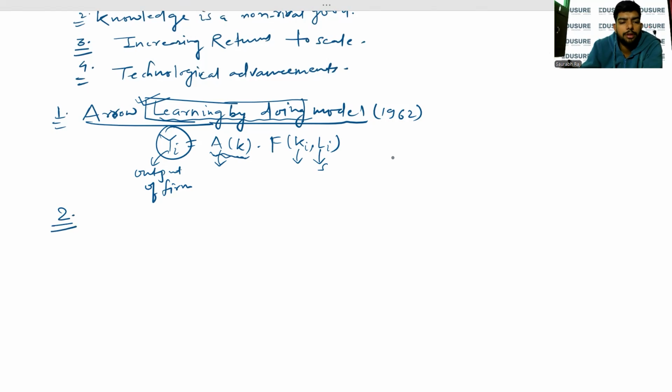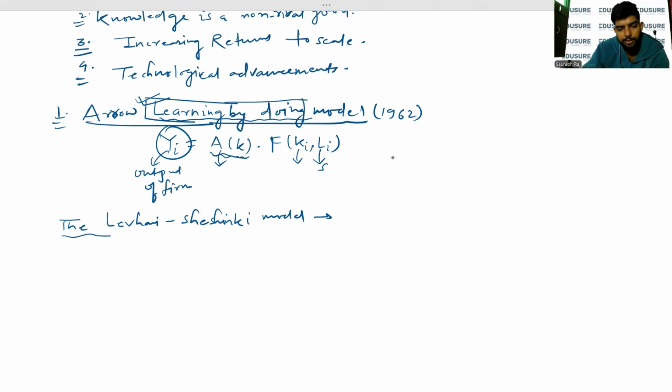Then we have the second one, but before discussing Romer and Lucas, I will give you some other models similar to Arrow. The first one is the Levhari-Sheshinski model. These are all endogenous growth theories. They generalized and extended the Arrow model, and emphasized the spillover effect.